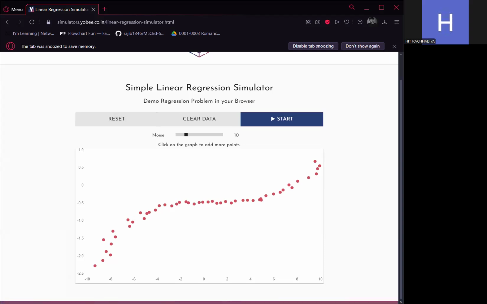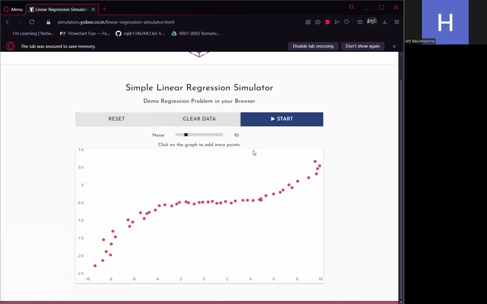In that, y is our dependent variable and x is our independent variable. So we are predicting the value of y, and beta 0 is the intercept and beta 1 is the slope. These betas are the coefficients.